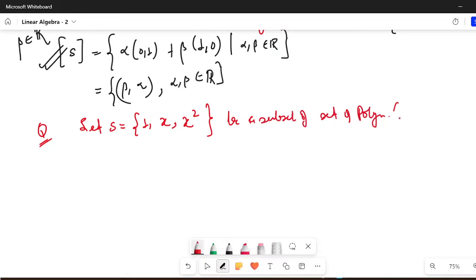If you remember, we denoted it by simply P. The question is, is 2x plus 3x cube contained in the linear span of S? Do you think that it is contained? Just mark the answer yes or no in the comment section so that I can understand that you are getting it or not. Please do it.